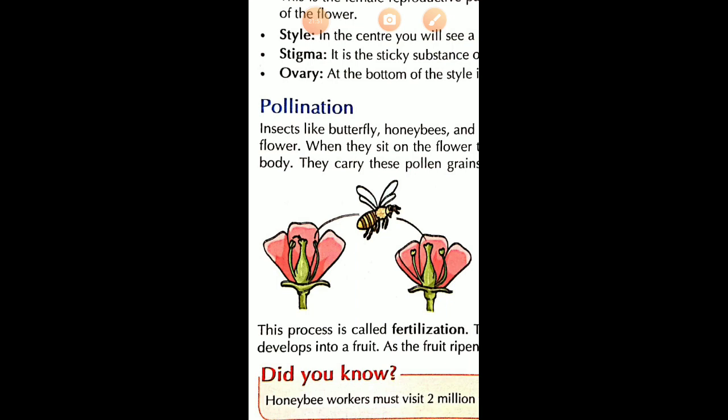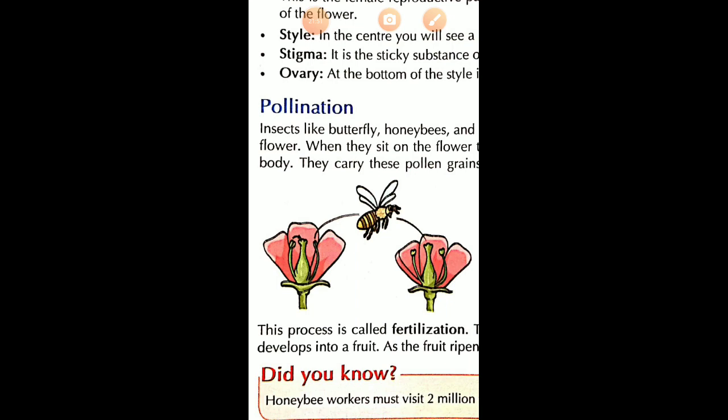So another reason is that the flower also provides food to some animals, because inside the flower, in the center, we find nectar, and this is food for some animals.